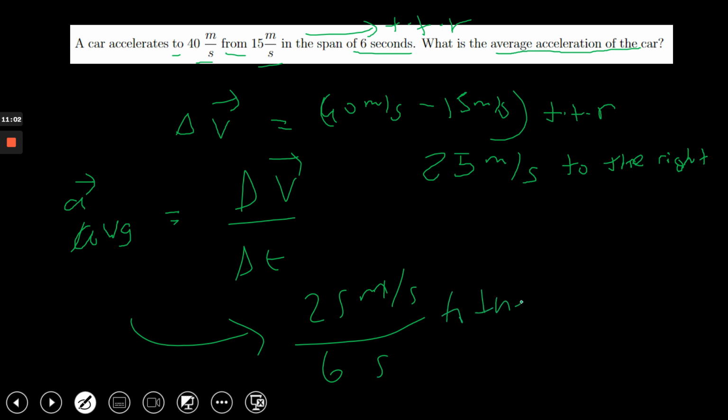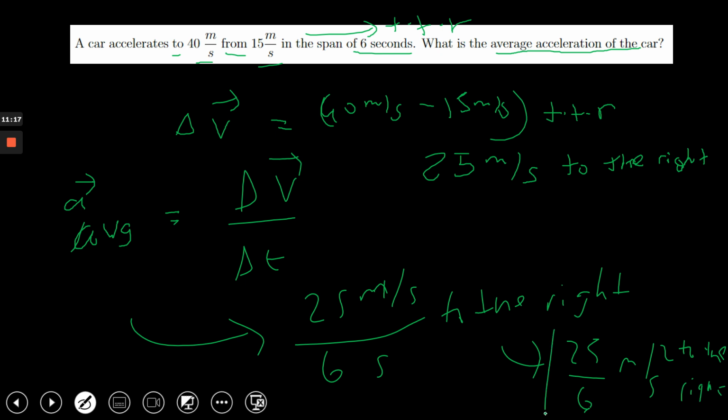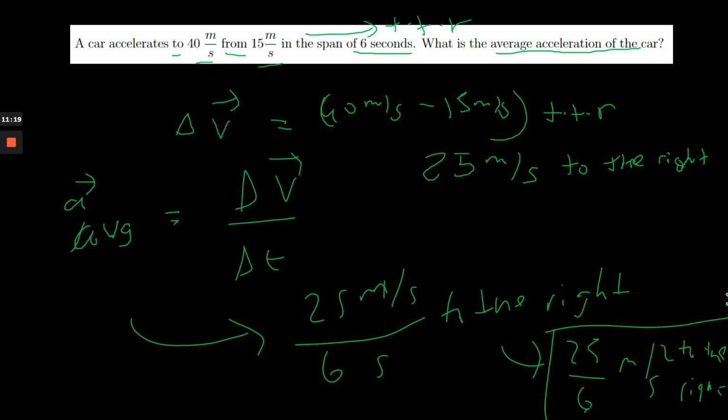And we're going to the right, which means our average acceleration is 25 over 6 meters per second squared to the right. That's an example where we calculate our average acceleration.